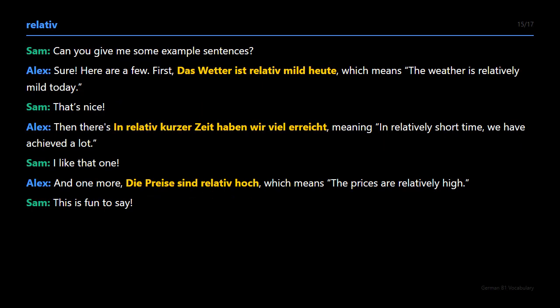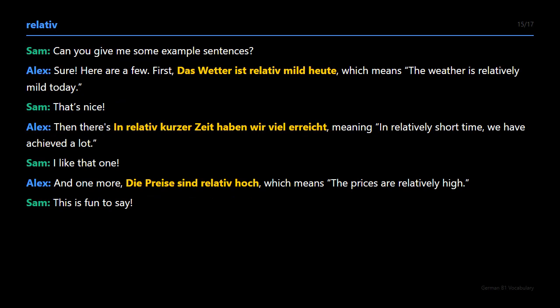Can you give me some example sentences? Sure. Here are a few. First, Das Wetter ist relativ mild heute, which means the weather is relatively mild today. That's nice.